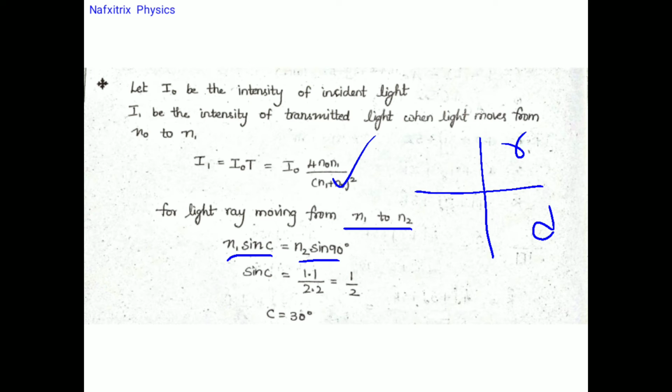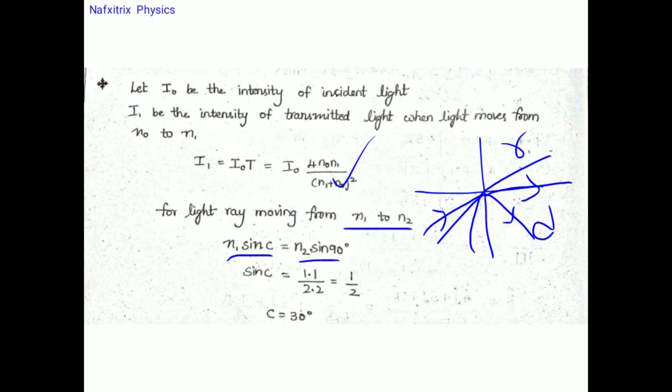At the critical angle, what happens is, for a particular angle of incidence, refraction would take place. At the critical angle, it would be completely grazing, that is the angle of refraction is 90 degrees, and above this the ray would get total internal reflection. So this is the basic of total internal reflection.